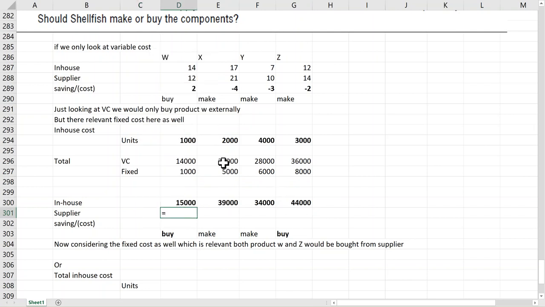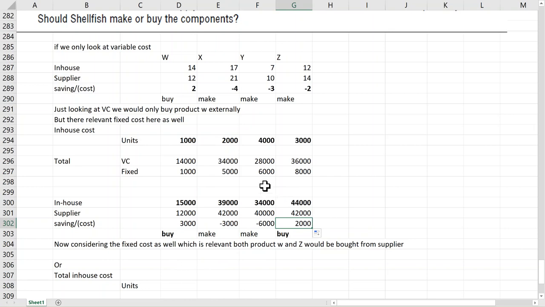And then the suppliers, multiplying by units. So we are saving about 3,000 here, about 2,000 here. So now we buy both W and Z when we look at the fixed cost as well.